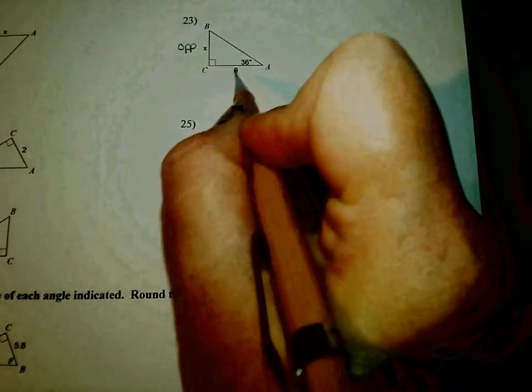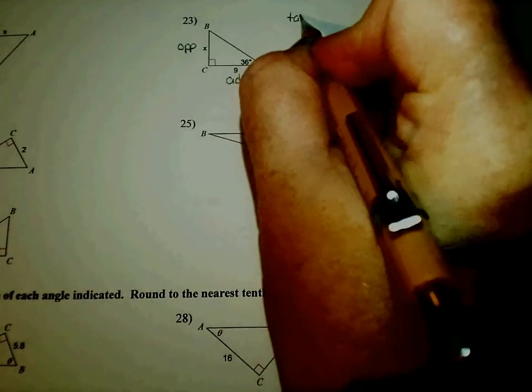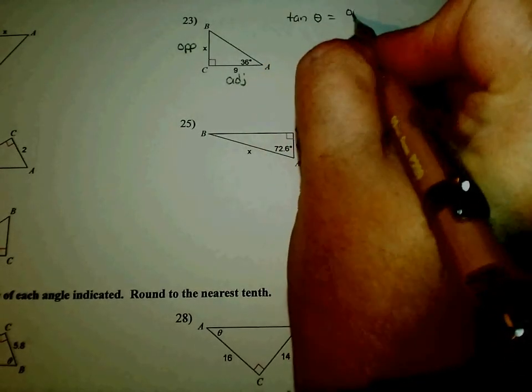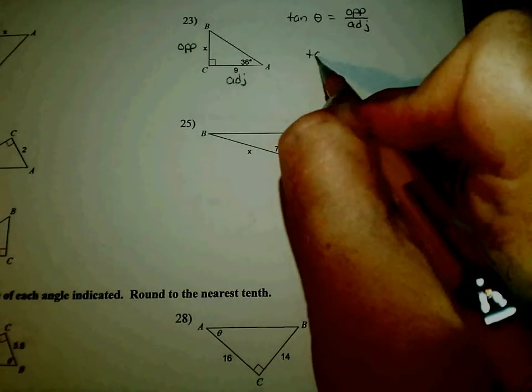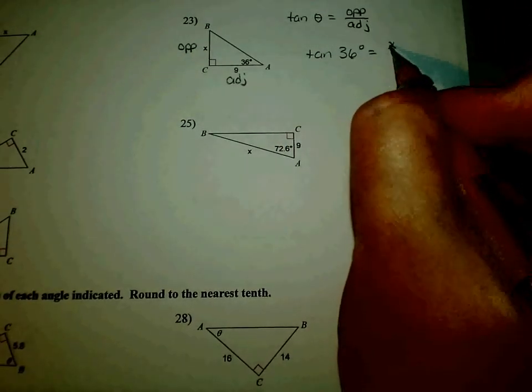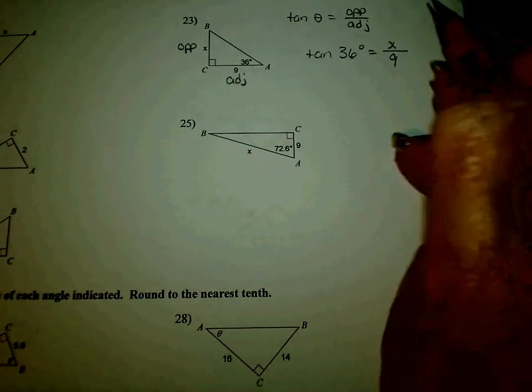So the x is the opposite, the 9 is the adjacent. So I write the tangent, opposite and adjacent are tangent. Tangent of theta equals opposite divided by adjacent. So I fill in what I know. The tangent of 36 equals opposite, which is x, over adjacent, which is 9.